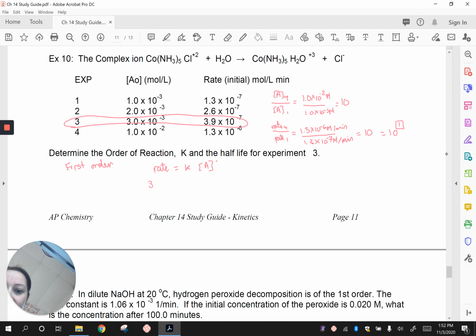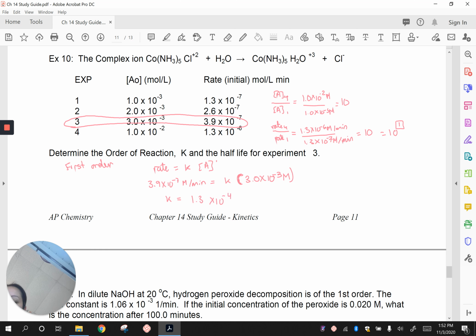The rate is 3.9 times 10 to the negative 7th molar per minute, which is equal to K times the concentration, 3.0 times 10 to the negative 3 molar. And we're going to solve for K. K ends up being 1.3 times 10 to the negative 4th.